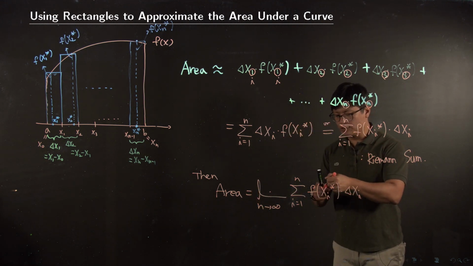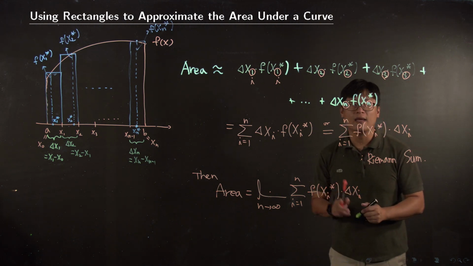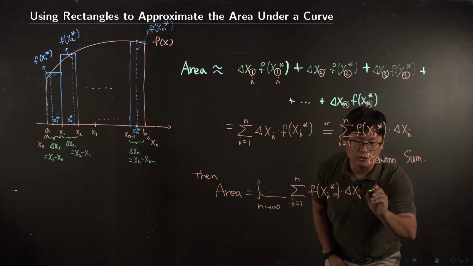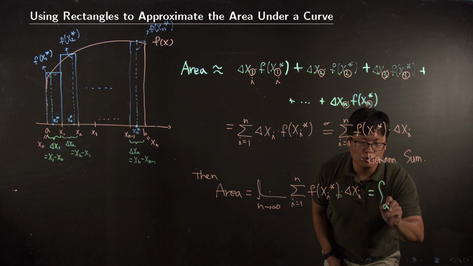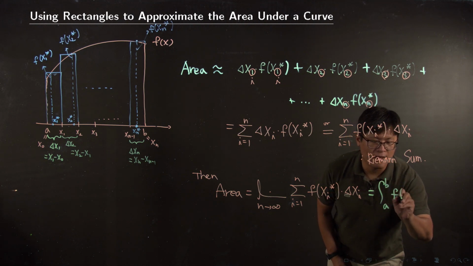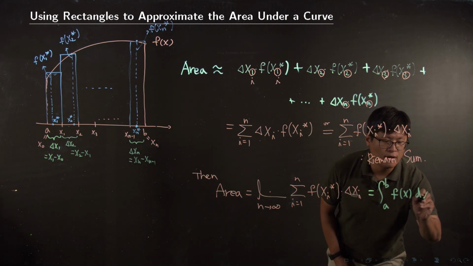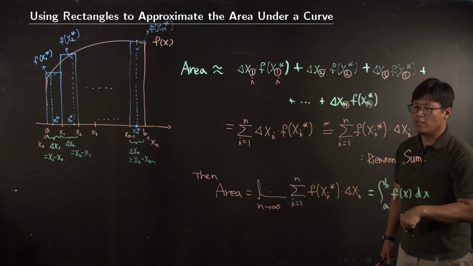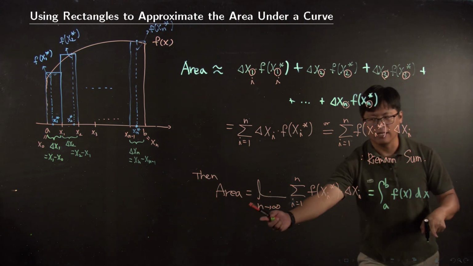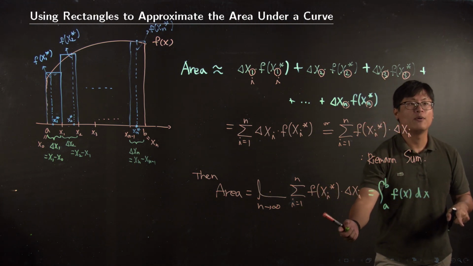Later we're going to use this notation, but this is exactly the definite integral. It is equal to the integral from a to b of f of x dx. Later we will use this notation. What is the definition of this notation? There we go. It is the limit of the Riemann sum.